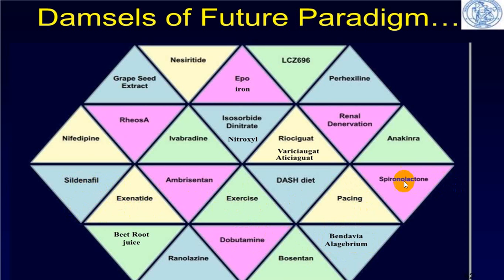These are all utilized: spironolactone, DASH diet, nifedipine, ivabradine, anakinra. All these are there. These are multiple drugs. In the near future, something else may also be added. But because of these drugs being available, prognosis has improved.